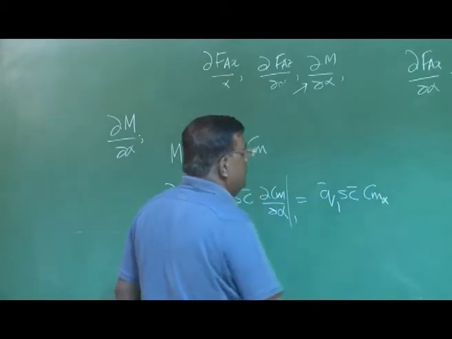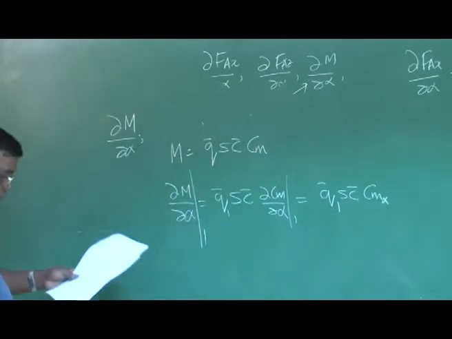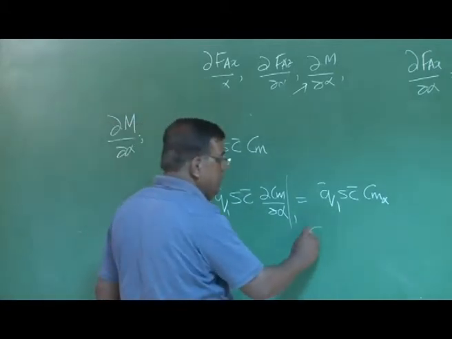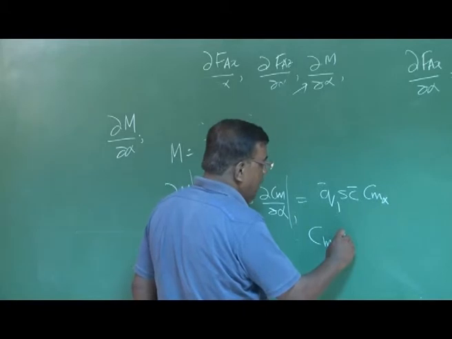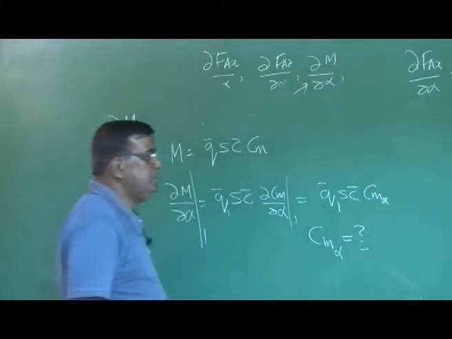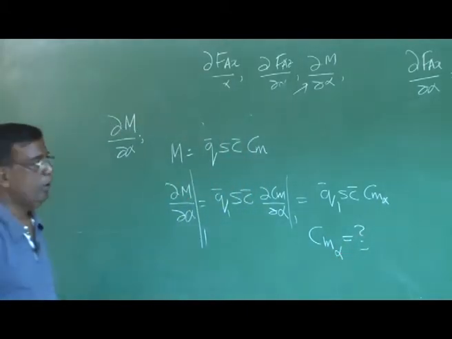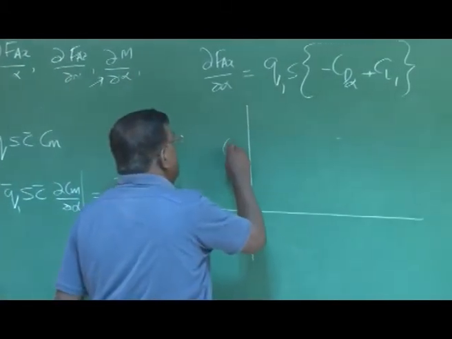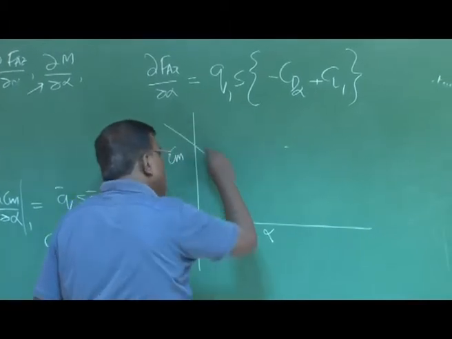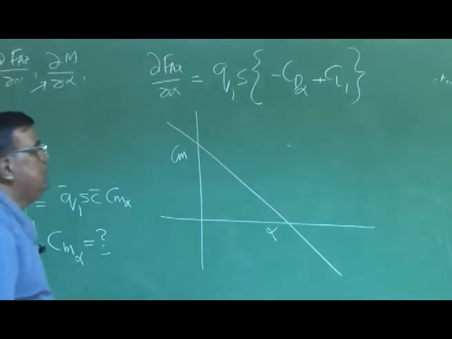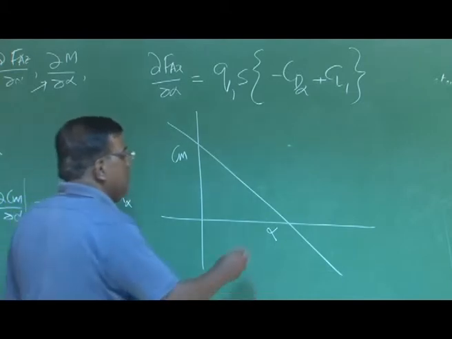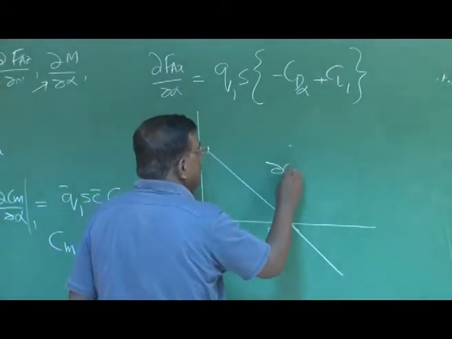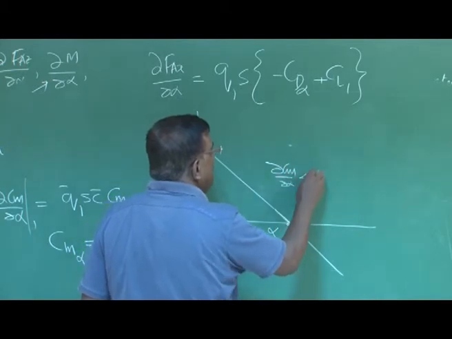And what is Cm alpha of the airplane? What brings to your mind when you see Cm alpha? Recall static stability. When we plotted Cm versus alpha, we said there is a requirement for the airplane to be statically stable about a trim, that the slope should be negative. So dCm by d alpha should be less than 0.